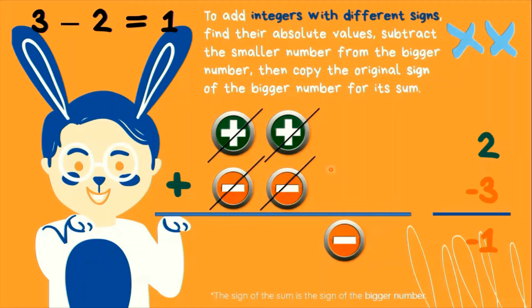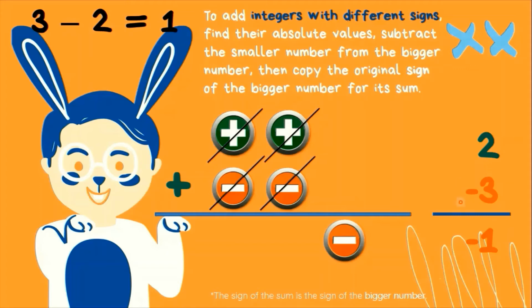Ano ang magiging sign ng ating sagot? Para makuha natin ang sign nitong ating sagot, we will have to base it on the original sign of the bigger number. So, kanina, bago natin kunin yung absolute values ng ating mga addends, ito yung ating dalawang numbers na inadd, 2 and negative 3.